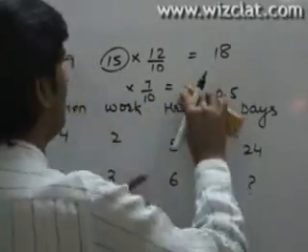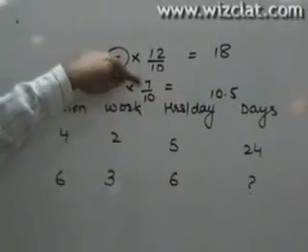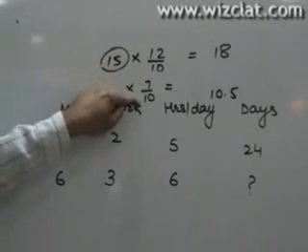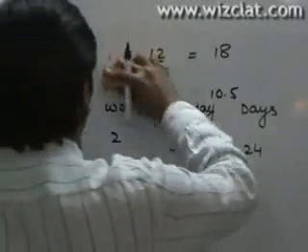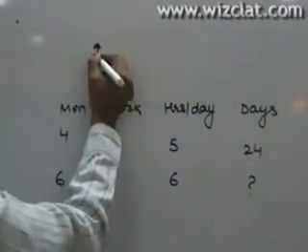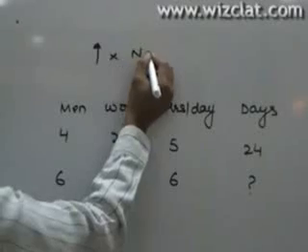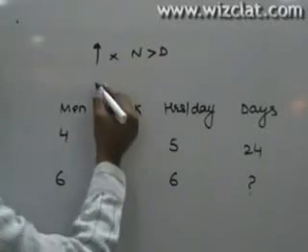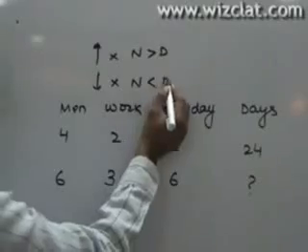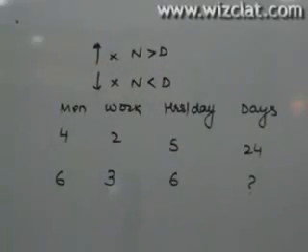So the answer says if I want to decrease this value, the multiplier's numerator should be smaller than the denominator. So in a layman's language, when I want to increase a number, in the multiplier the numerator should be bigger than the denominator, and if I want to decrease a number, in the multiplier the numerator should be less than the denominator.